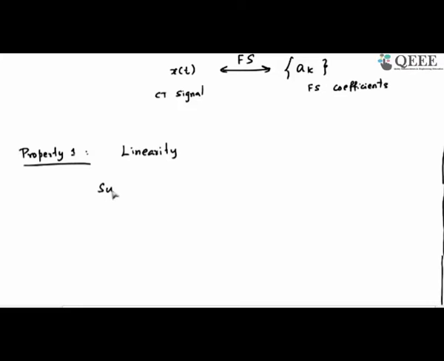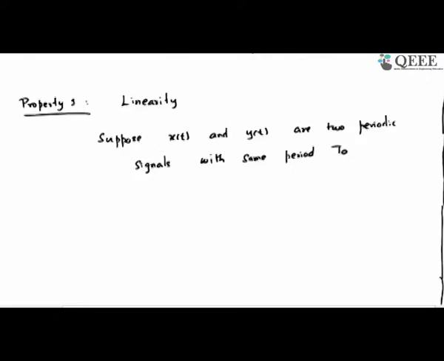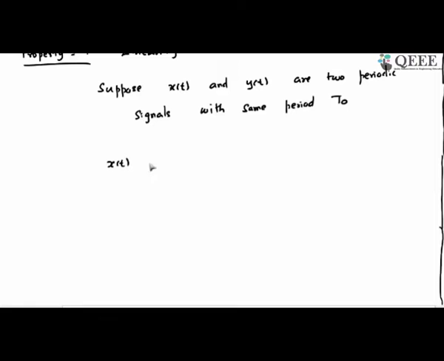Suppose x of t and y of t are two periodic signals with the same period T naught.